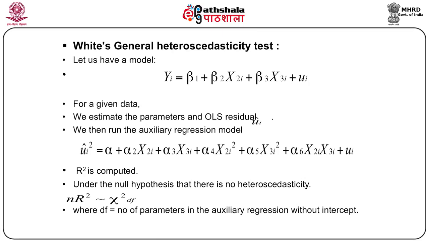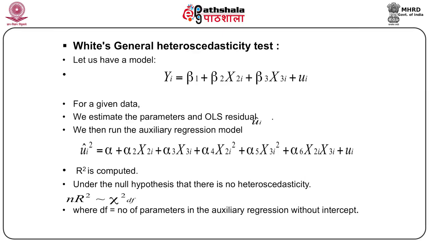Now, the R square or the multiple correlation coefficient square of the above model is computed. Under the null hypothesis that there is no heteroscedasticity, n times R square follows a chi-square distribution with degrees of freedom equal to the number of parameters in the auxiliary regression without intercept, where n is the sample size.